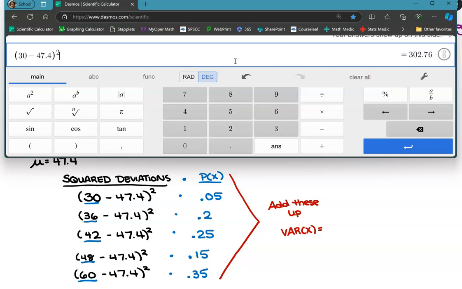So I have the squared deviation times the probability plus, and then the next one. I'm going to go ahead and type these out, but feel free to skip ahead in the video until I get to that answer.